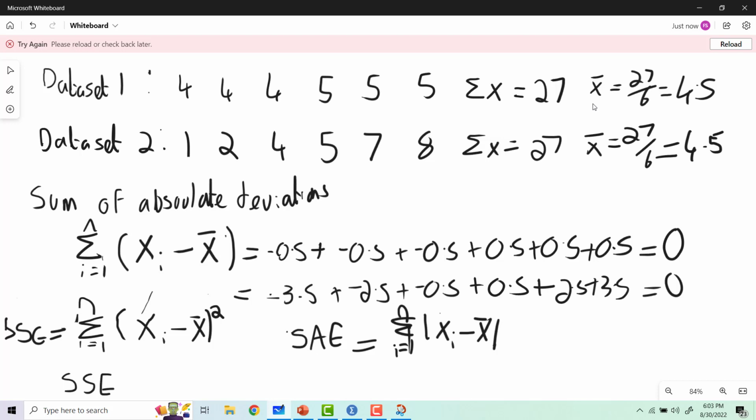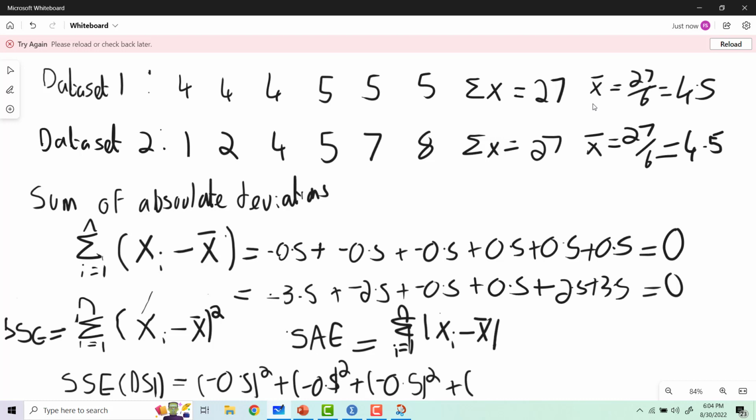Okay, so the sum of squared error here for data set 1 is going to be minus 0.5 squared plus minus 0.5 squared plus minus 0.5 squared, and then 0.5 squared 3 times, because each of these values is 4 minus 4.5, 4 minus 4.5, 5 minus 4.5, etc. And so what do we get here?